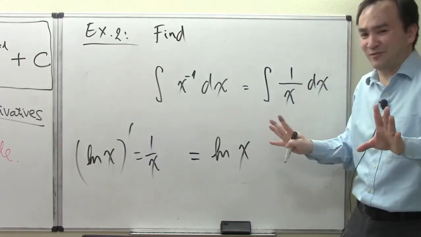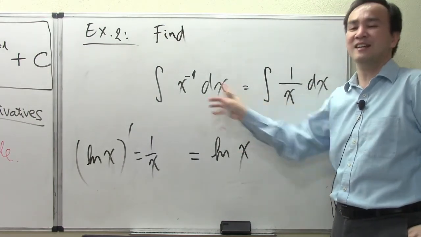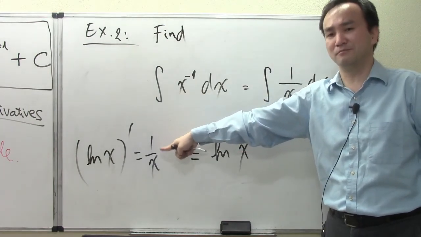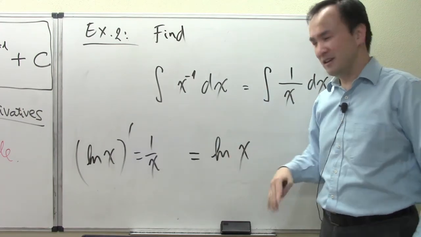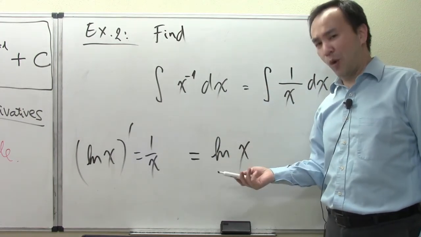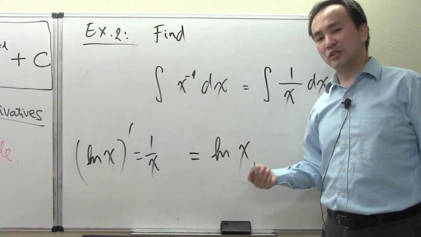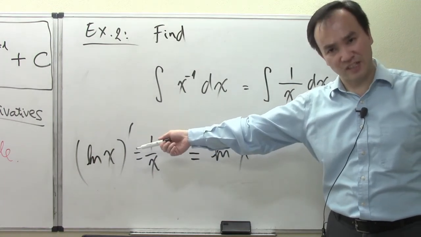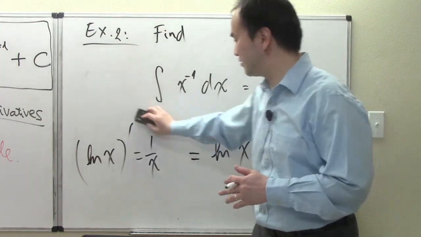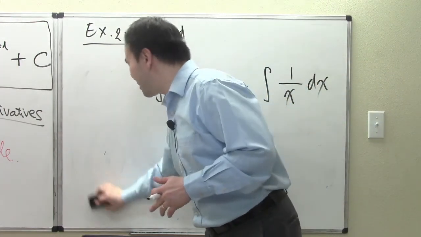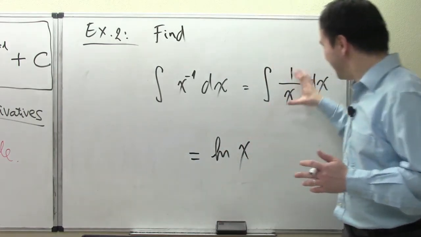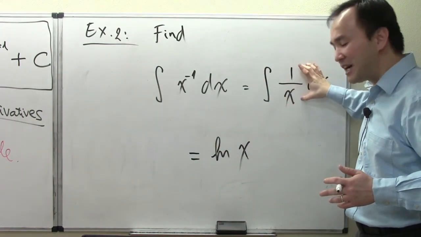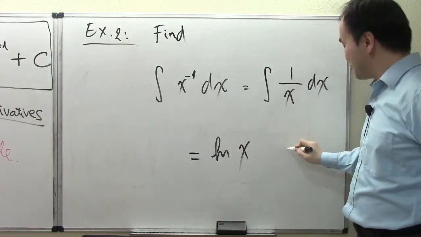It sounds like a joke, but there was no method, it's just a matter of remembering your stuff. But trust me, as you go through your calculus 1 or your days learning about derivatives, you will see that kind of work enough that it will stay with you until now. So that means what you answer here, the antiderivative of this guy, is the natural log of x plus c.